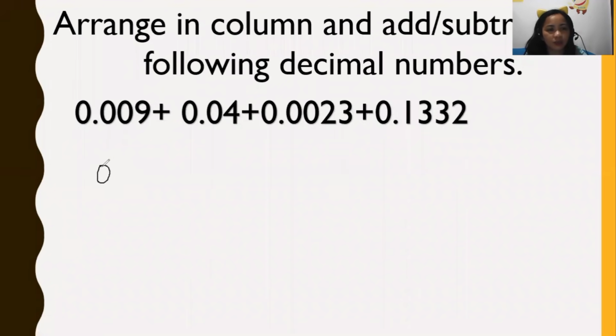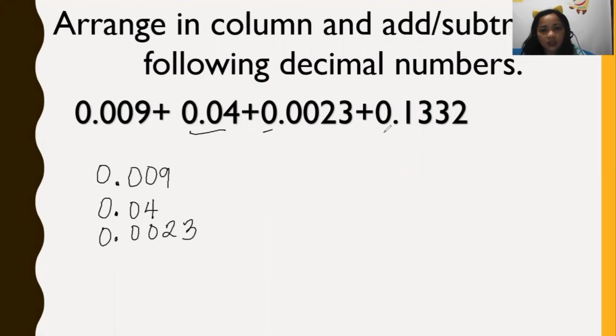We have 0.009, then 0.04, then 0.0023, then 0.1332. So ngayon, may mga bakanting place. Lagyan natin ng placeholder 0, 0, 0.